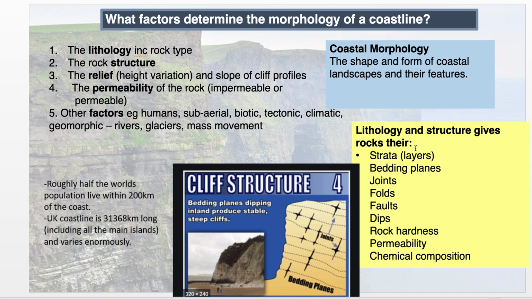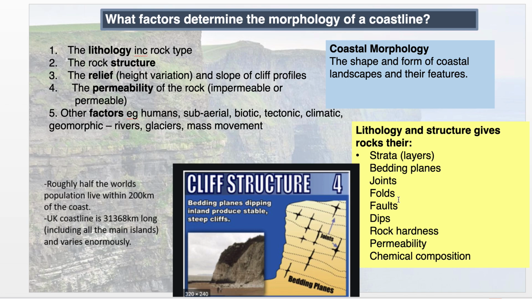So we're talking about whether rocks are laid in strata, in layers, which is generally a feature of sedimentary rocks. Bedding planes, as you can see on the image here, are the angle at which the beds are laid down. Joints are these sort of cracks in the rock, which are important obviously for water getting into the rocks.